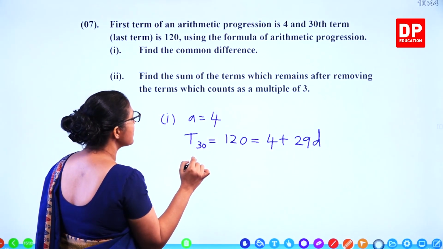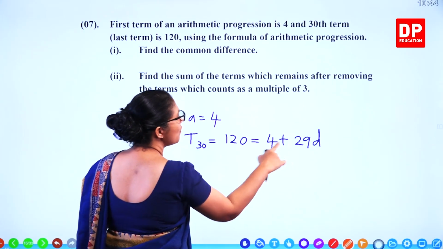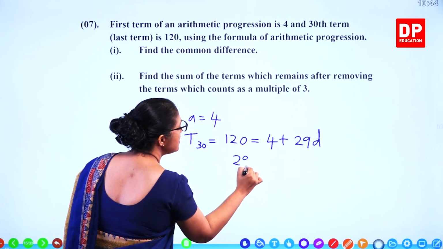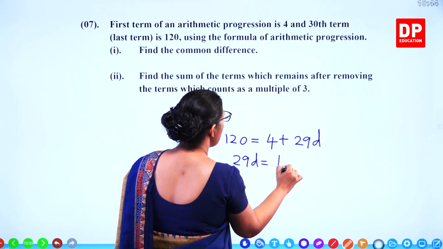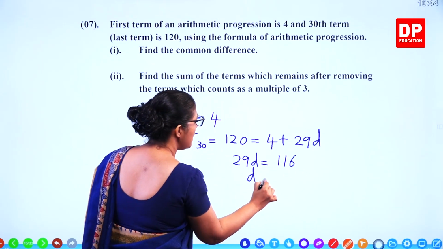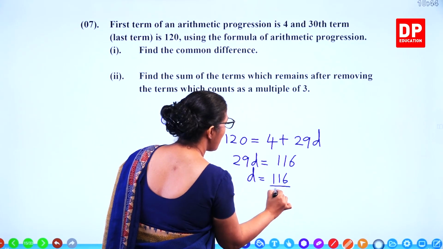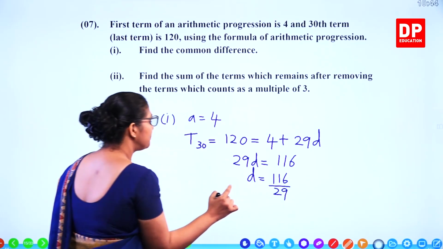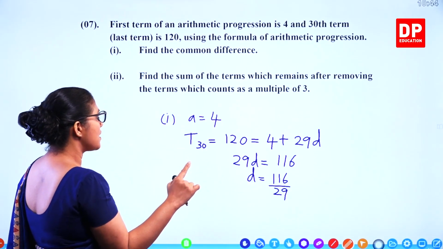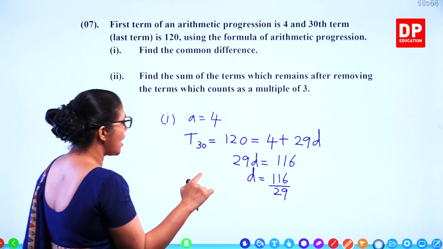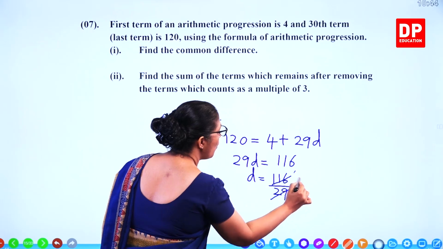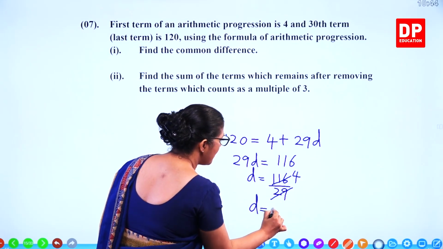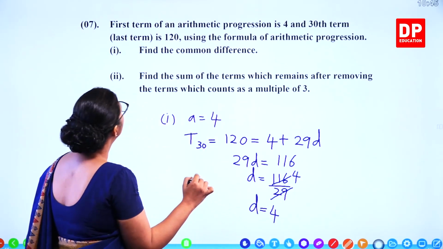Find the common difference. Solve the equation. So 29d equals, subtract 4 from 120, you get 116. So d equals 116 divided by 29. 4 times 9, 36, and 4 times 2, 8 plus 3, so 4. So the common difference is 4.